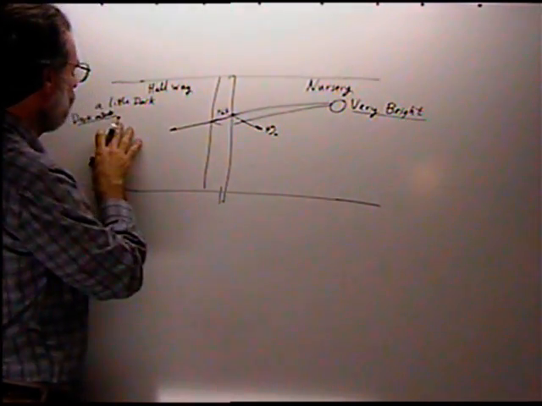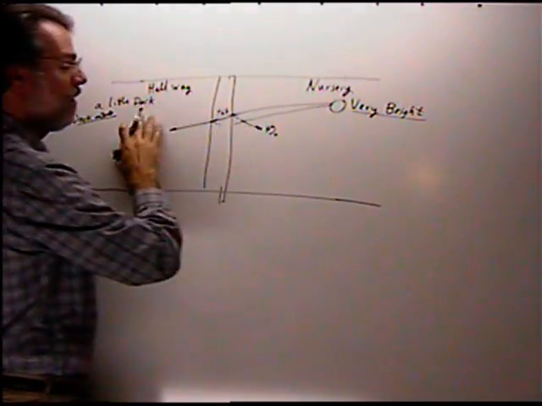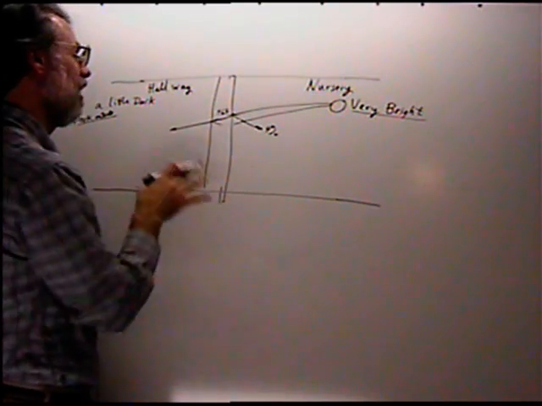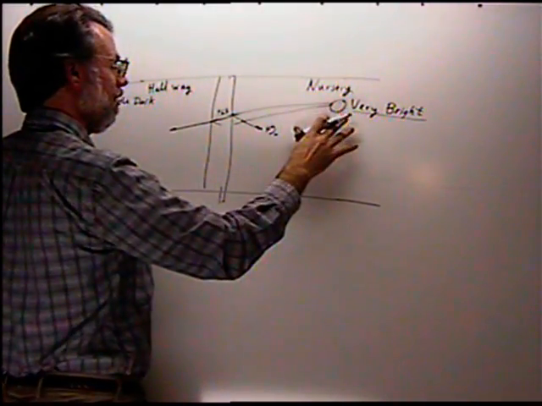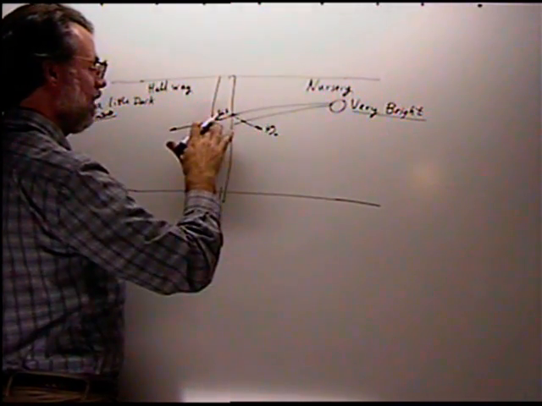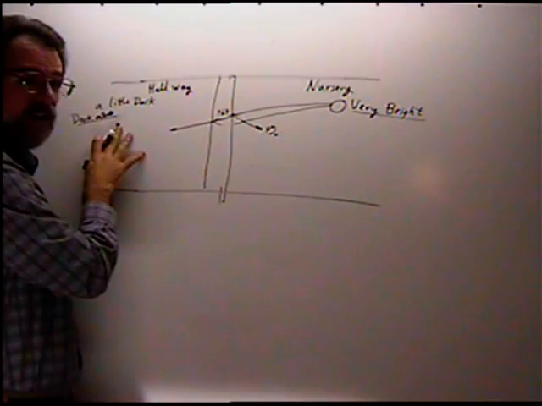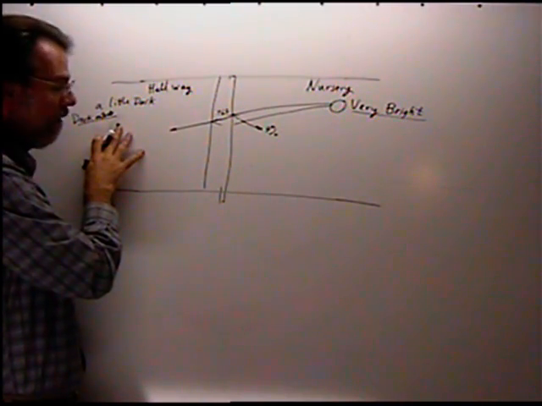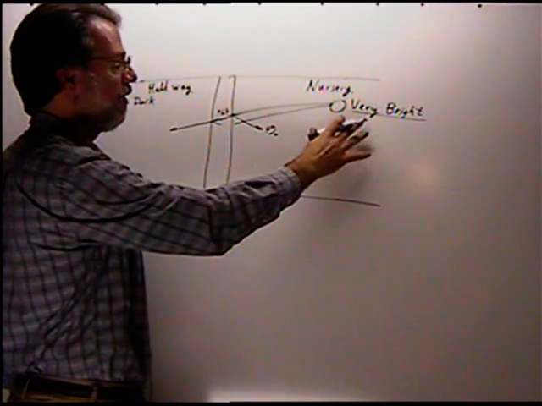So if you're standing over here and you see a bright light, the contrast is what we're interested in. It's dark over here, and most of the light transmitted to the window is going to come through it. Because you're in the dark hallway, you're going to be able to see the bright lights in the nursery.